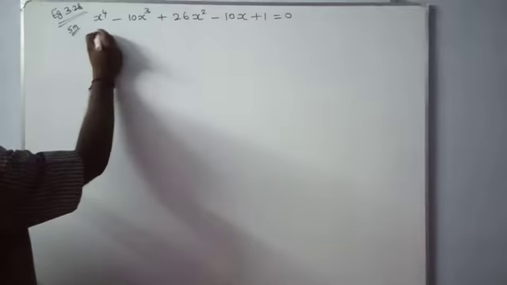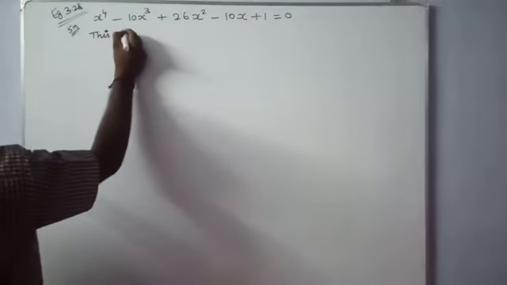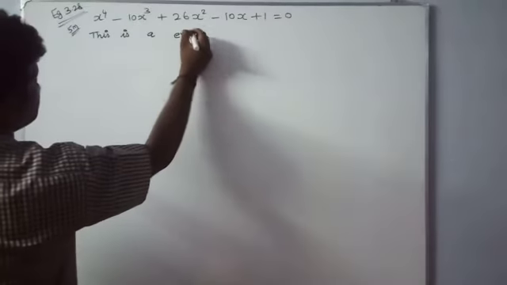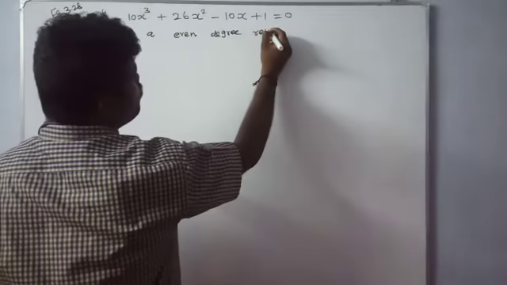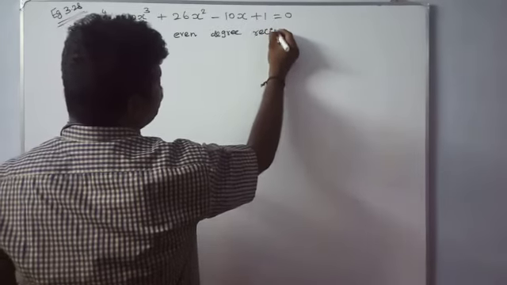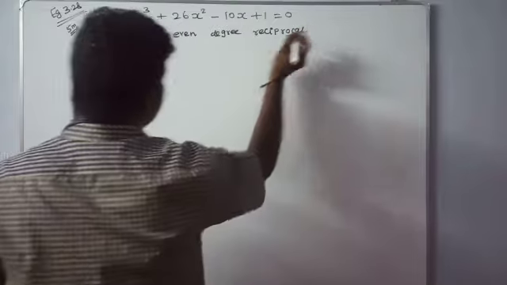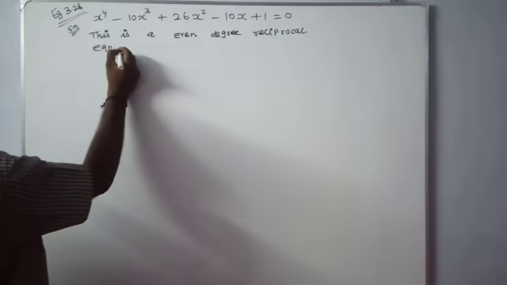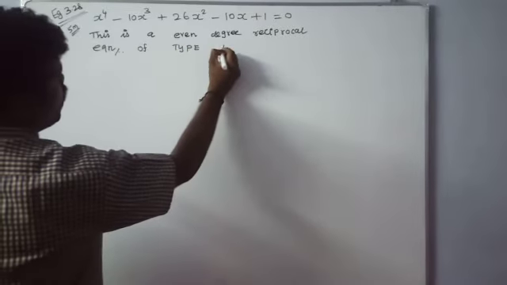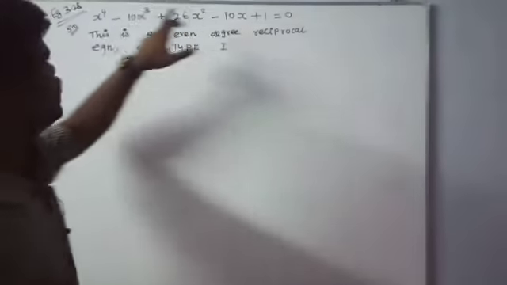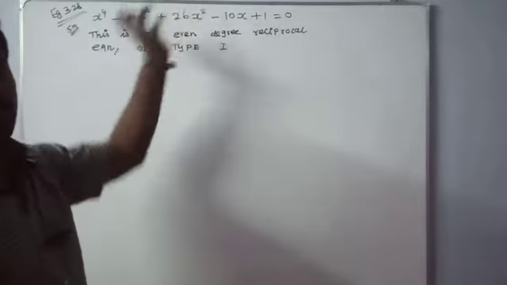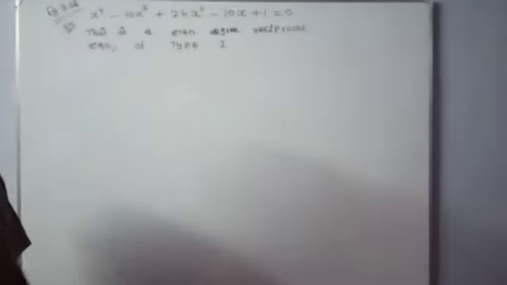So this is an even degree reciprocal equation of type 1. Type 1 means here plus 1 and here plus 1 and here minus 10, here minus 10, same value.